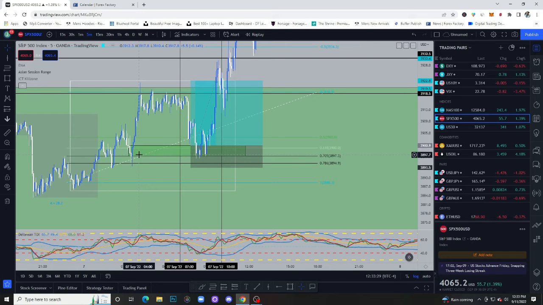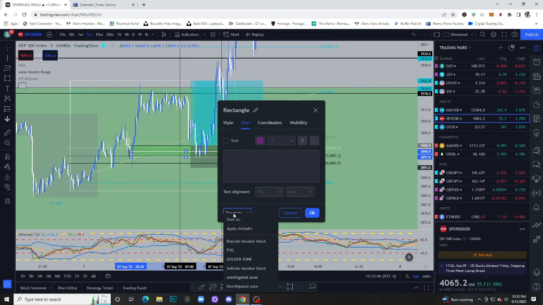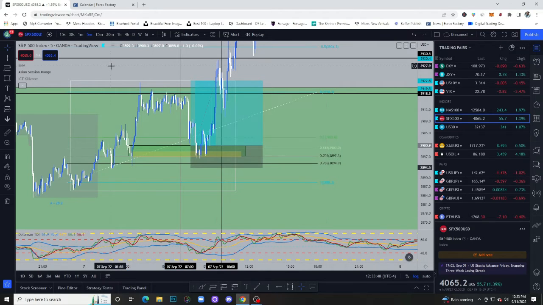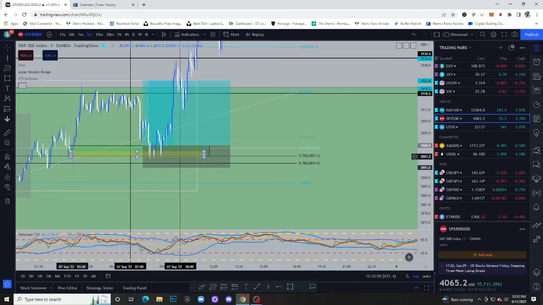There's another bullish order block resting right in here in this area right here actually. And price came down to test this area right here, to test that bullish order block right here on the 5-minute.